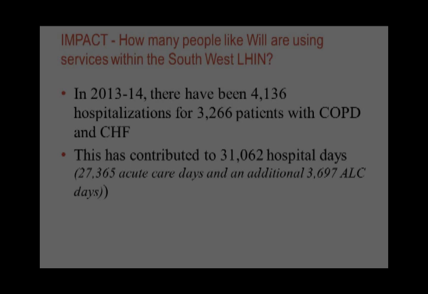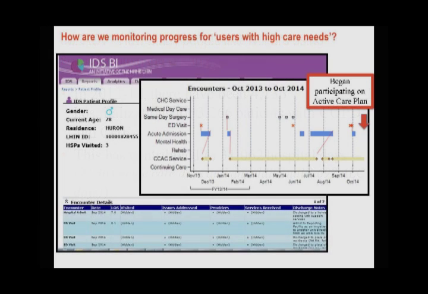The next slide shows you some of the tools that we have that enable us to monitor progress for users with high care needs in the Southwest LHIN. So one of the key tools that you'll see screenshots profiling here is the Regional Integrated Decision Support System in the Southwest LHIN, otherwise known as RIDS or IDS.